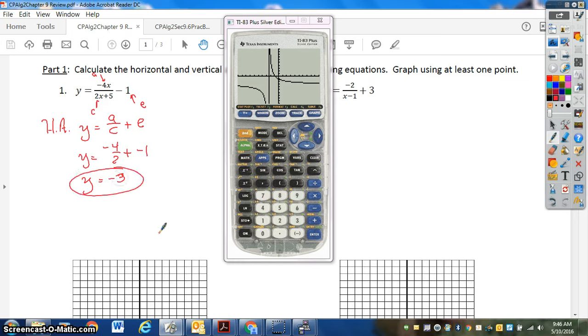As far as my vertical asymptote goes, my VA, that's when I set 2x plus 5 equal to 0. So 2x equals negative 5, x is equal to negative 2.5, or negative 5 halves, however you want to write that. And that's what I'm going to start by graphing here.